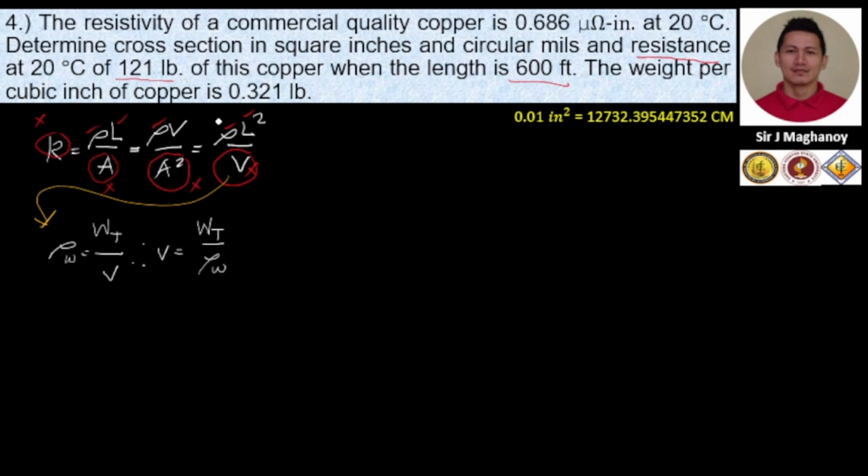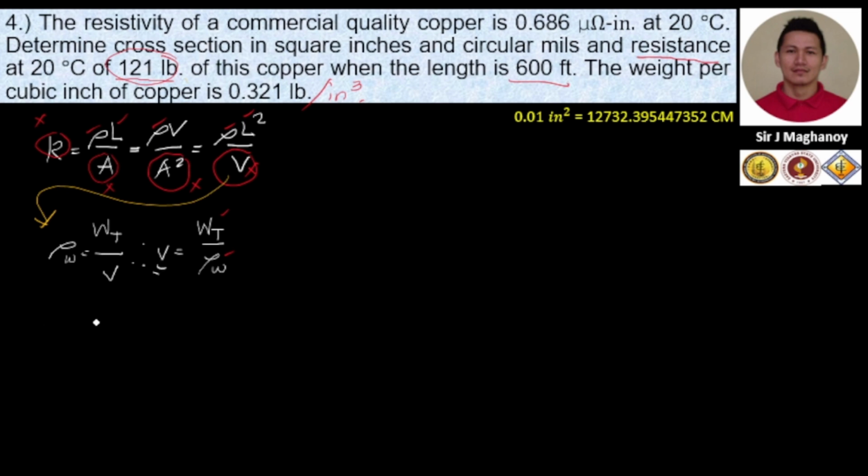Do we have our total weight? Yes, we have our 121 pounds. How about the weight density? That is also given, 0.321 pounds per cubic inch. Now we can determine our volume.